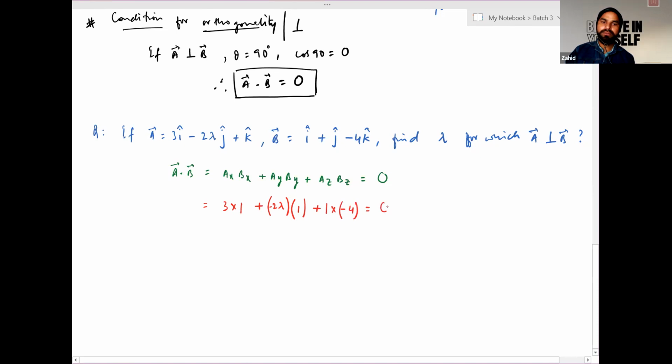So put it to 0. So it will be 3 minus 2 lambda minus 4 equals to 0. So minus 2 lambda minus 1 will be 0. So minus 2 lambda will be plus 1, or lambda will be equals to minus 1 by 2.